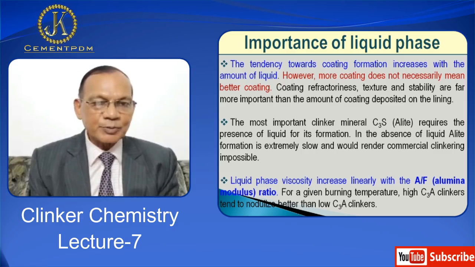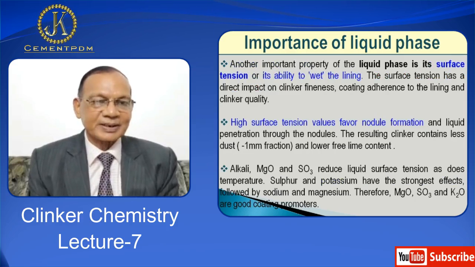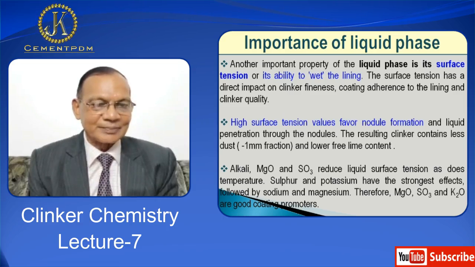Another important property of the liquid phase is its surface tension or its ability to wet the lining. The surface tension has a direct impact on clinker fineness, coating adherence to the lining, and the clinker quality. High surface tension values favor nodule formation and liquid penetration through the nodules.